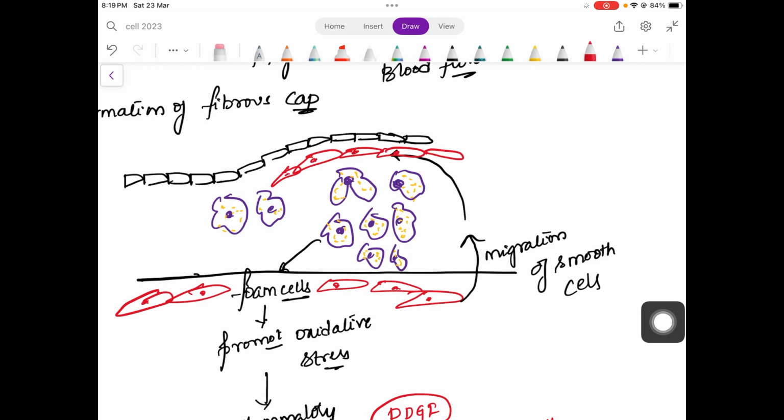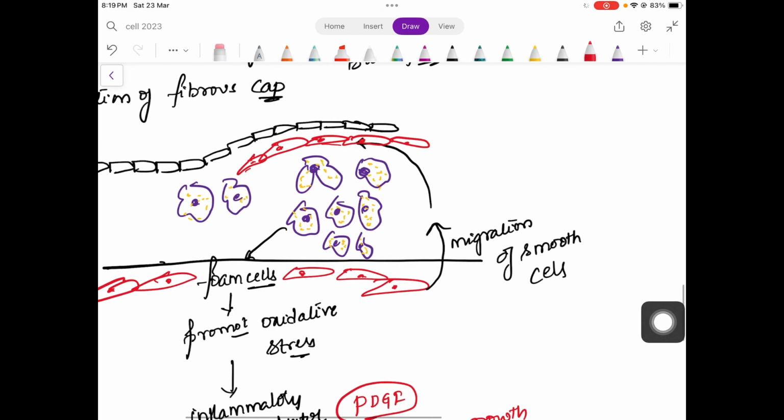These are the smooth muscle cells, and they will cover the foam cells. Apart from the smooth muscle cells, extracellular matrix will also be proliferated and deposited here, and this extracellular matrix will have dendritic cells.